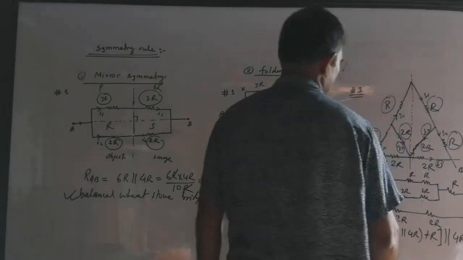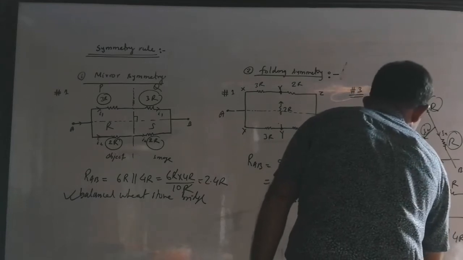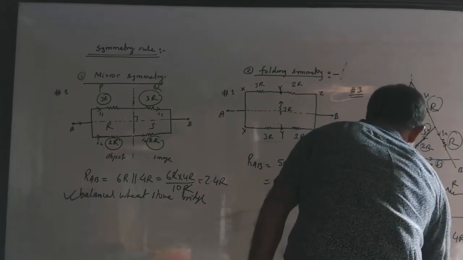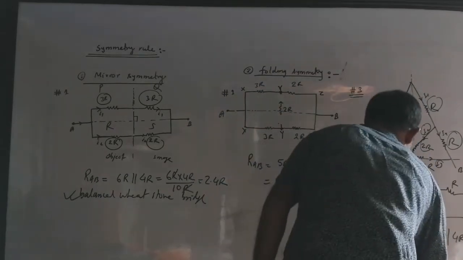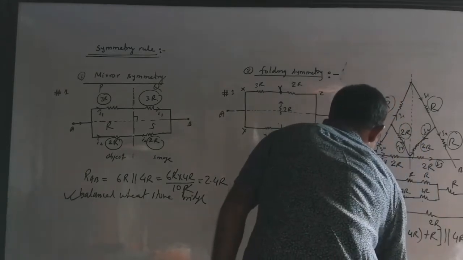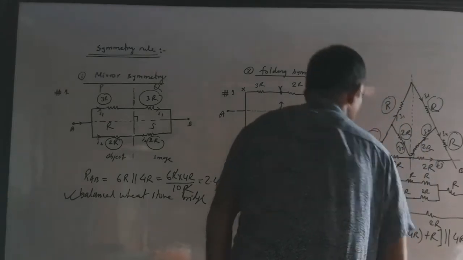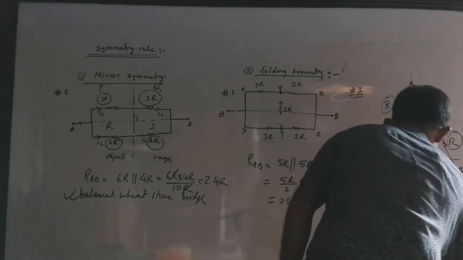So what will be the answer? I told the trick also, if one is a multiple of the other, then divide the bigger number by the times plus 1. So 2 times means that's a 3. Okay. And this R and R I could add before only, and so R and R is this 2R. Okay, and there is parallel to 4R.